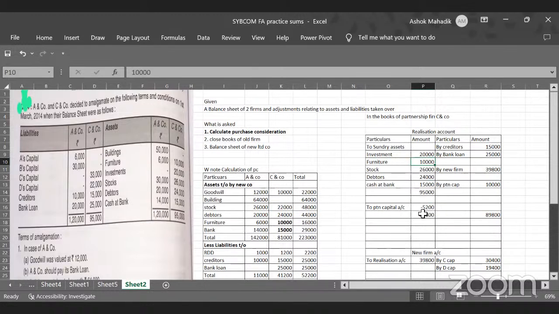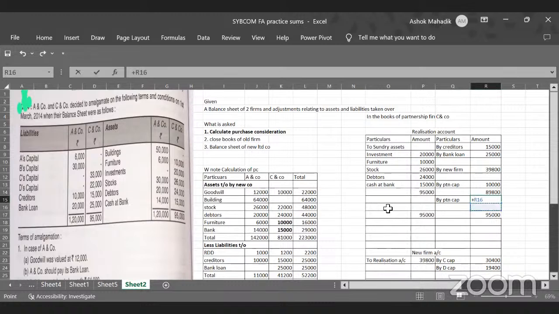So now debit side is heavier. Okay, I'll just correct it. 95,000 is the total of debit side, and credit side total is how much? 89,800. Okay, so this time there will be a loss. So we'll write by partners' capital.